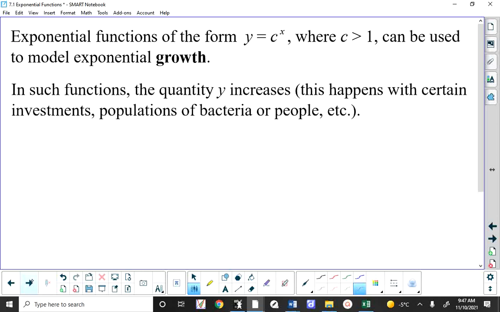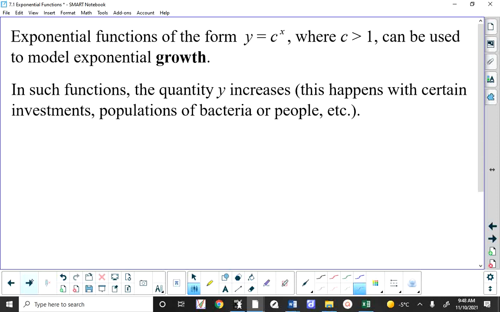What are some examples of exponential growth? Investments. Hopefully when you invest your money, it's exponential growth, not exponential decline. You don't want that with your investment. If I had a rare coin, it's going to grow exponentially. Populations of bacteria grow exponentially.